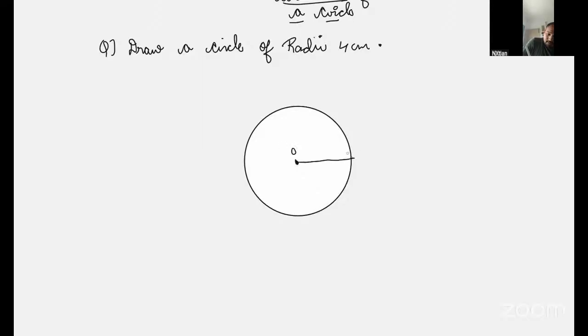So here the needle where you put will be the center of the circle, O, and this will be the R. So OR will be the radius of 4 centimeter. Did you understand? Will you give it a try? Draw it quickly.